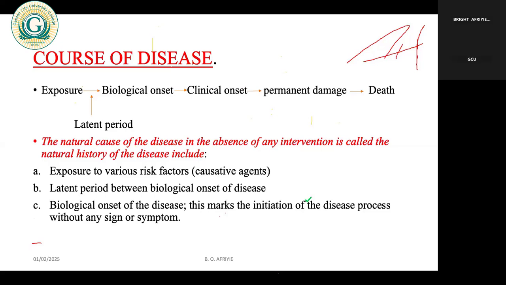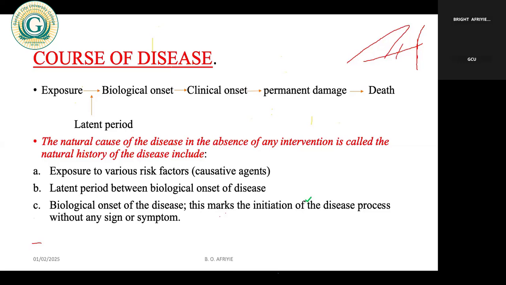That is the 4 aspects. So we have exposure, the biological onset, clinical onset, permanent damage, death. In between, at the exposure, you have the causative agent, and then the biological onset is where you have the latent period or the incubation period. That's the pathogenesis.